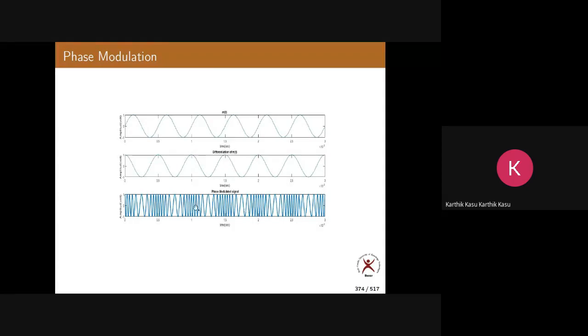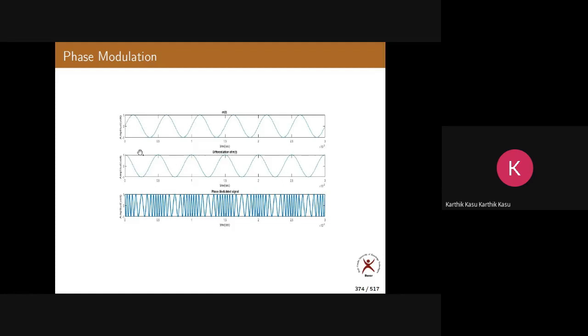Here is the phase modulated signal, but here also you can observe frequency variation and how it is changing. The frequency variations change according to m dash of t, not according to m of t.